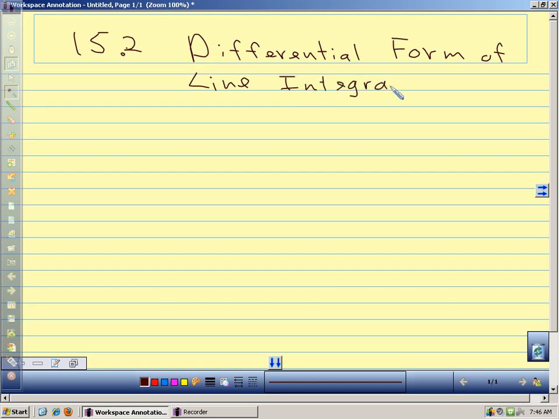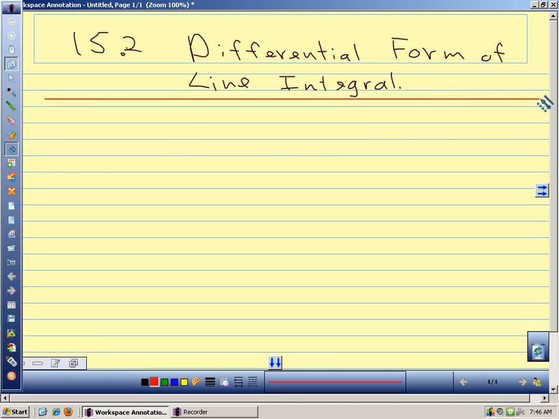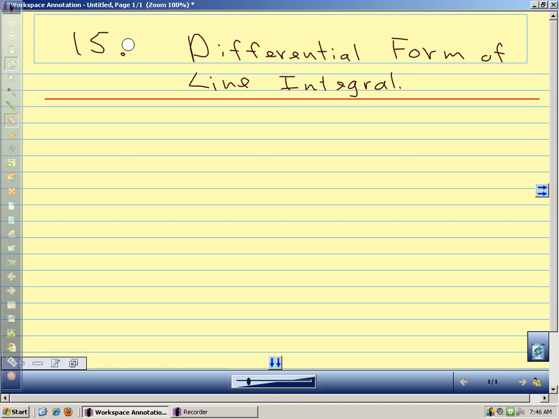The differential form will come up in our next section, and it's just another common way that you'll see line integrals expressed. So part of what we're doing is trying to get you familiar with the different representations of line integrals, and the other part is we're introducing this notation because it's very common for what we're going to do with line integrals in the next section.